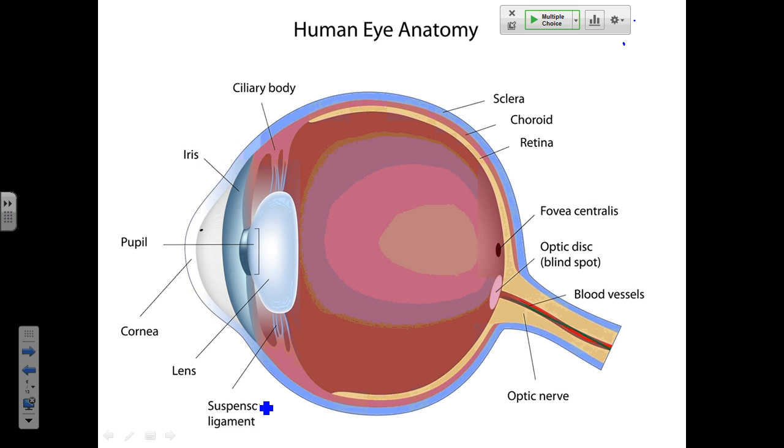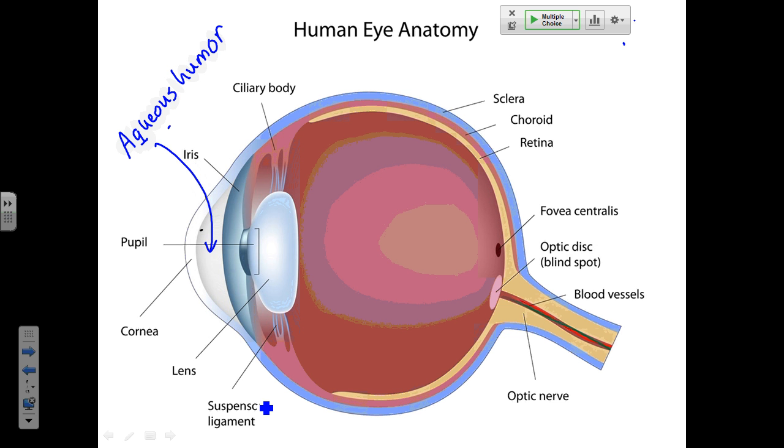I always forget which it is. Let's see, the aqueous humor is between the lens and the cornea. So it is right here, I think, isn't that right? This is the aqueous humor. It's just a liquid that's in between the lens and the cornea.